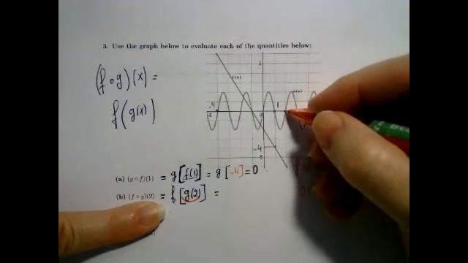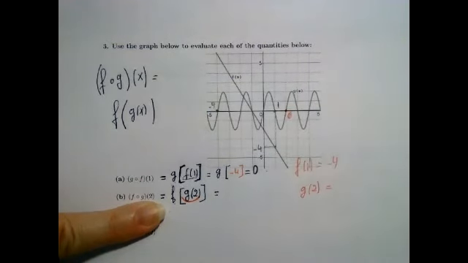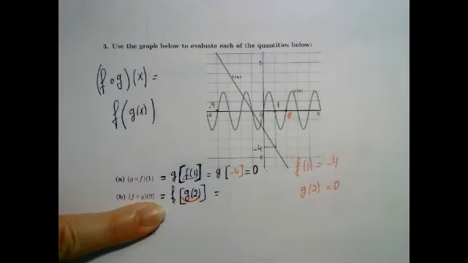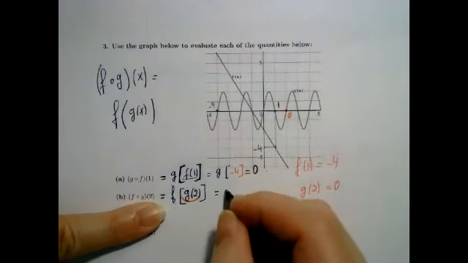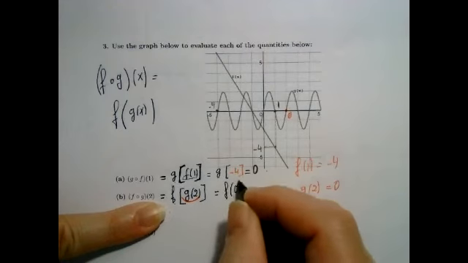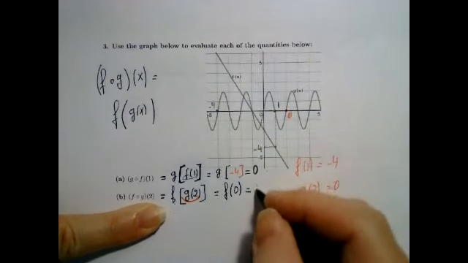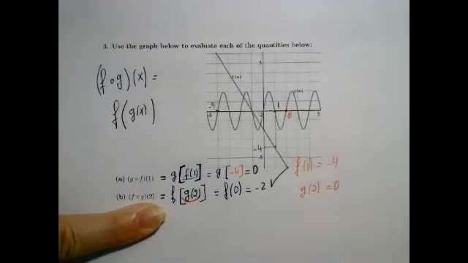Right, don't be afraid. It's 0. That's g of 2. So I need f of 0. Now back to your graph. What is f of 0? -2. Now you got it. Okay, that makes more sense.